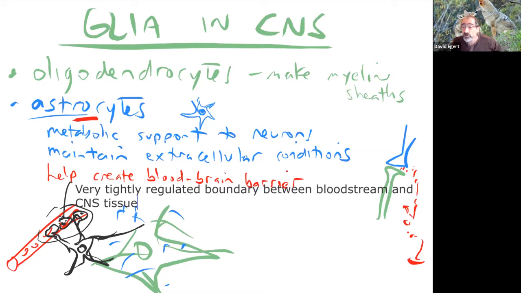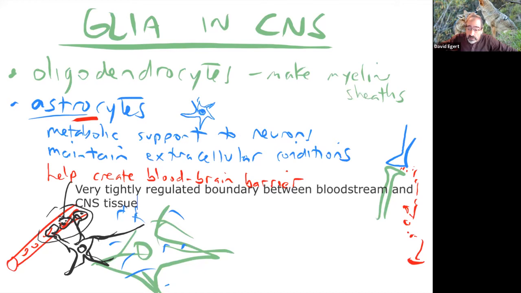So, right, most of the time your capillaries are really leaky. The whole point of a capillary is to deliver stuff to the tissues or to pick up waste to get rid of. So in general, capillaries are designed to be very permeable because that's where you exchange stuff between the tissues and the bloodstream. In the brain and spinal cord, we have a different story.